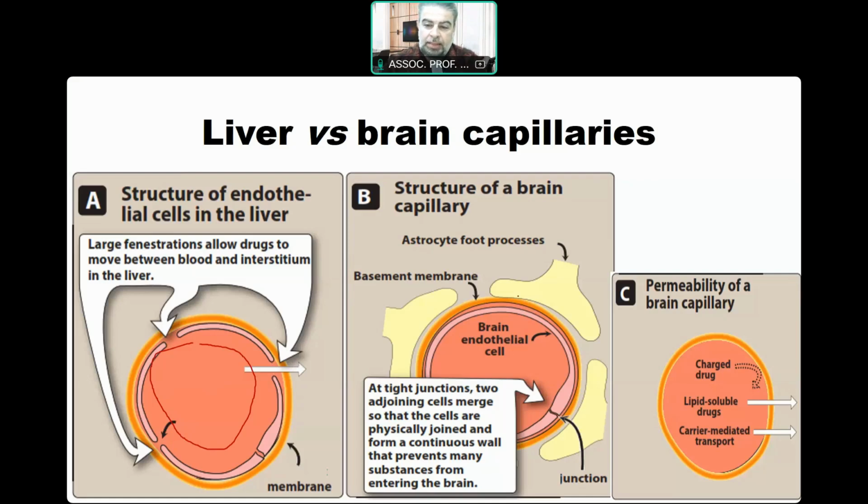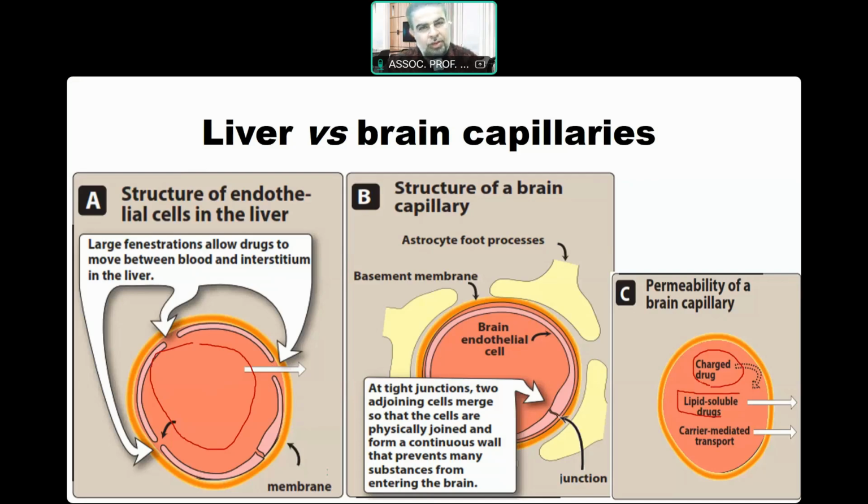While in the same capillary at the brain area, which we call the blood-brain barrier, we can find that these junctions become very tight and very narrow, which blocks the transport of many water-soluble molecules and drugs, allowing only the lipid-soluble drugs to penetrate through the lipid bilayer cell membrane.